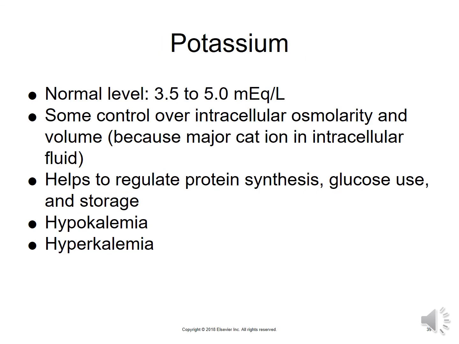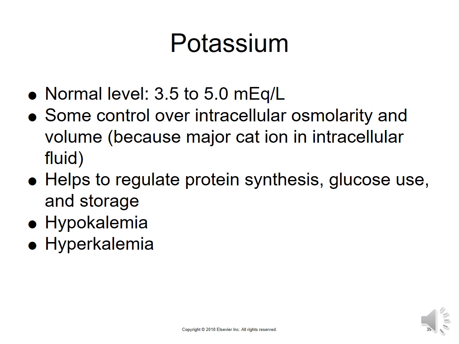All right, potassium. The normal potassium is 3.5 to 5. It has some control over intracellular osmolarity and volume because it's the major cation inside the cell. It helps to regulate protein synthesis, glucose use, and storage.